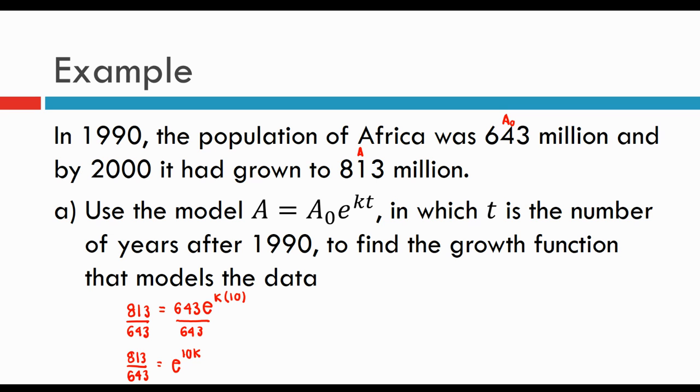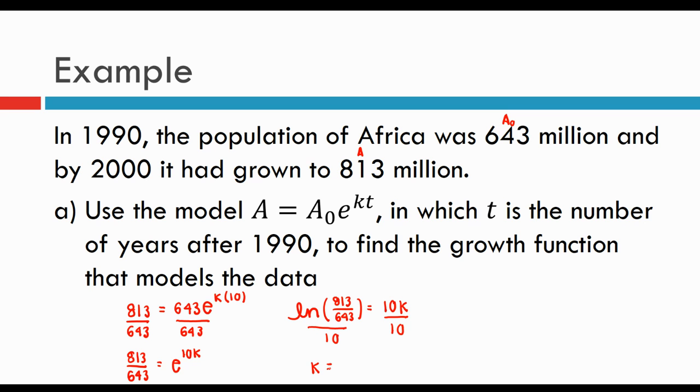Now that I've isolated that base by itself, remember, in order to get rid of the base, I'm going to take the natural log of both sides. So the natural log of 813 divided by 643 is going to equal, when I take the natural log of e raised to that 10k power, the e and the natural log cancel, so it's really just going to equal 10k. Then I'm going to divide both sides by 10.